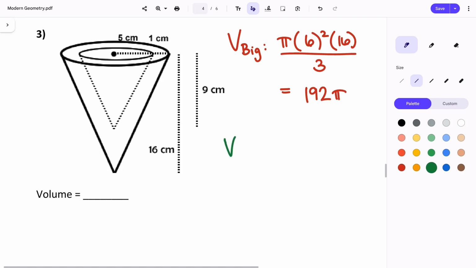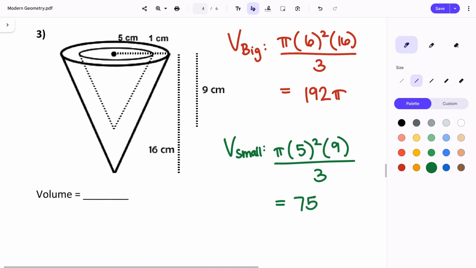Now let's do the volume of the small cone, the one that's on the inside. What's the radius of the small cone? 5 squared. What's my height of the small cone? 9. And then we're going to divide all of that by 3, and what do we get? Good, 75 pi.